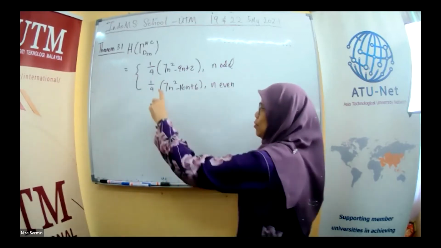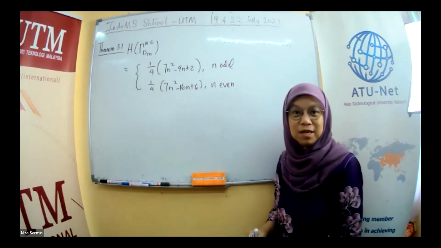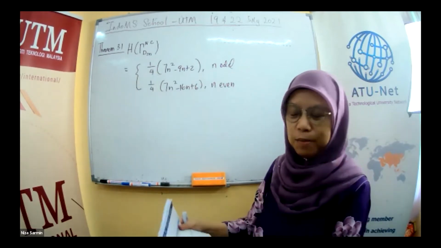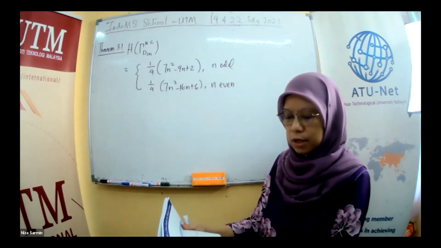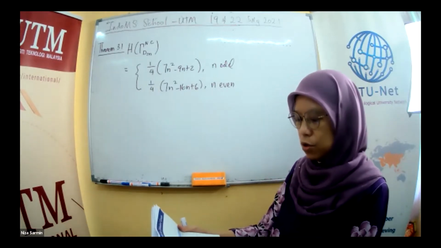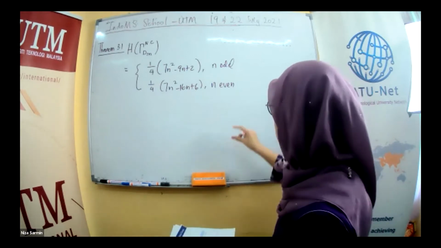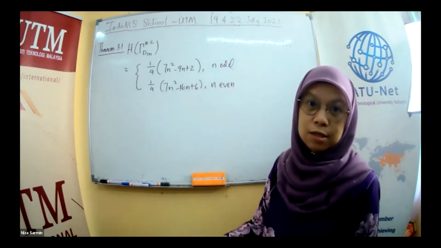And you see why we get this. That is from the 1 over 2. Then you combine and so forth. So the non-commuting graph for the dihedral group needs to be broken up into 2 cases, and that is why we get this.